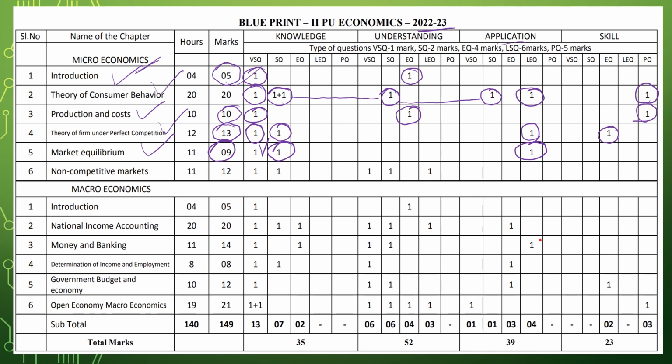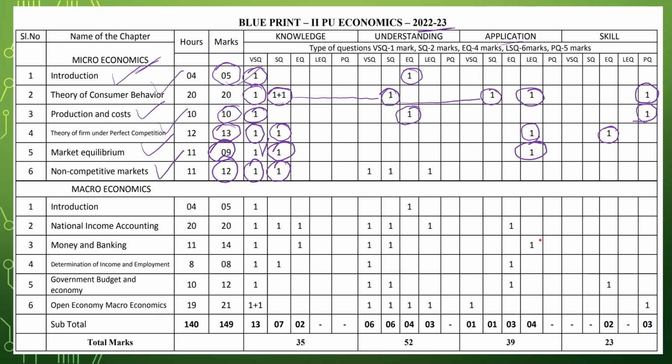And come to non-competitive markets. Under non-competitive markets, the marks allotted is 12 marks, one very short answer, that means a 1-mark question, and one 2-mark question will be asked.